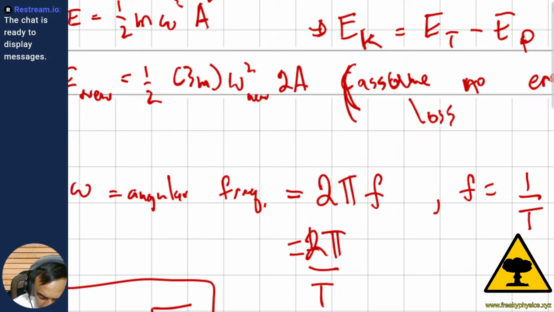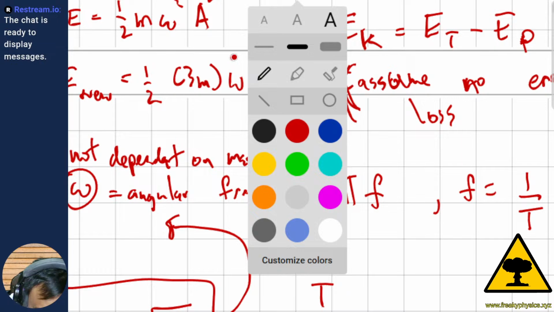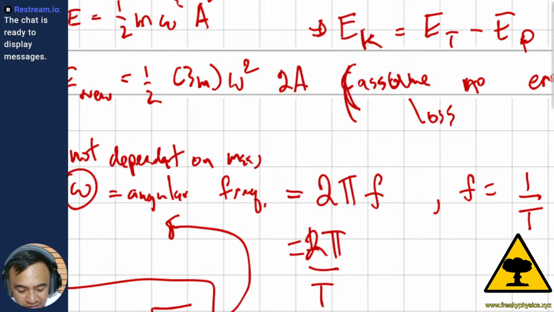So if we move our way backwards, then that means omega also does not depend on mass. So in other words, our assumption earlier that we can just erase that label nu there and that our omega squares are equal, it's valid.